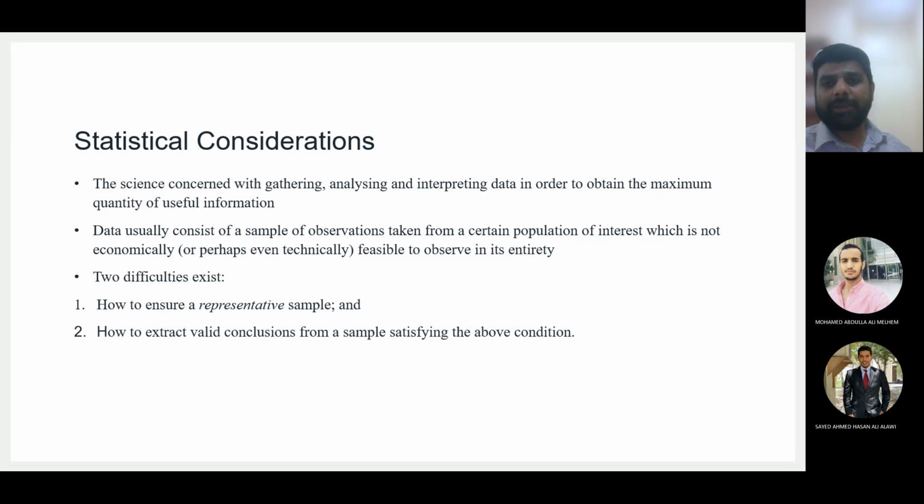And in some cases it may not be technically feasible as well. You may not be concerned with the entire population. For example, if I'm talking about drivers, I know some drivers are very bad, some are very good. But I'm not going to base my design on these exceptional drivers, very good and very bad.